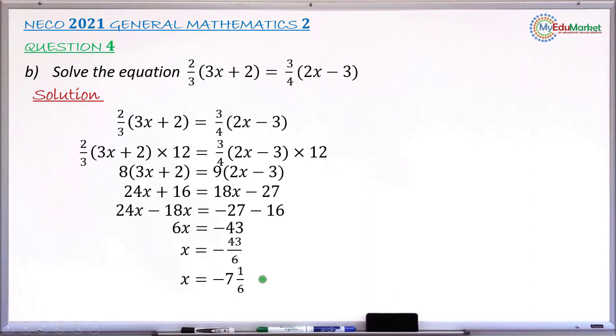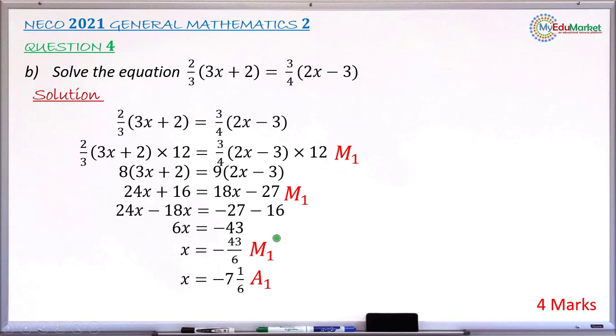So let me just share with you quickly the mark distribution for this question as it is in the marking scheme. The very first mark is method 1 mark, and this method 1 mark is for your correct attempt to clear the fraction. Multiplying both sides of the equation by 12, you have this method 1 mark. When you expand the bracket after clearing the fraction, you have method 1 mark.